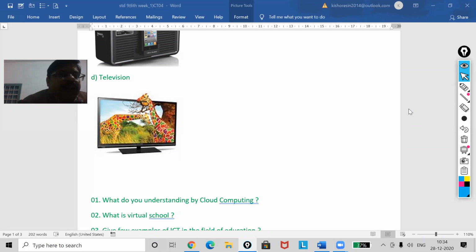I am talking about teachers, they can use such a giant, big screen. If they have smart classes, they can go for such devices and show all their lessons on the screen in an interesting way to the students. The best example is the smart class. You have another device also, with which you can give a lot of information to your friends, students, relatives, or people, by using the projector.